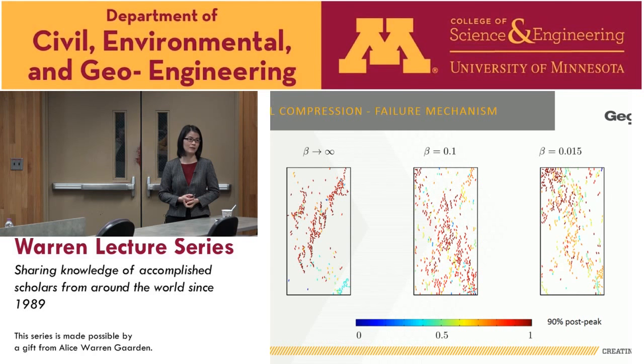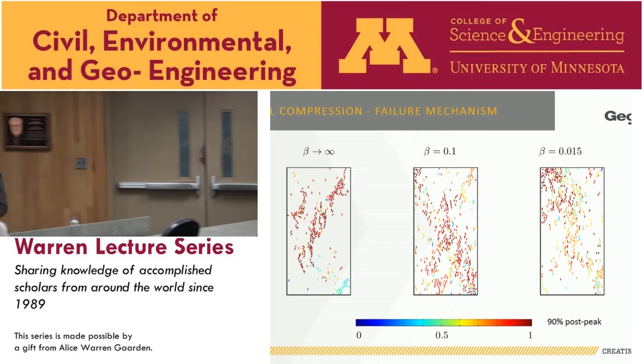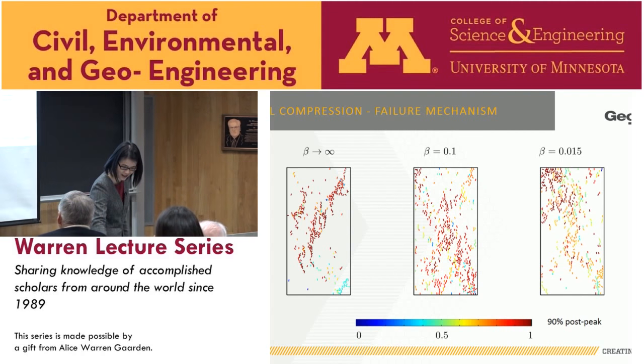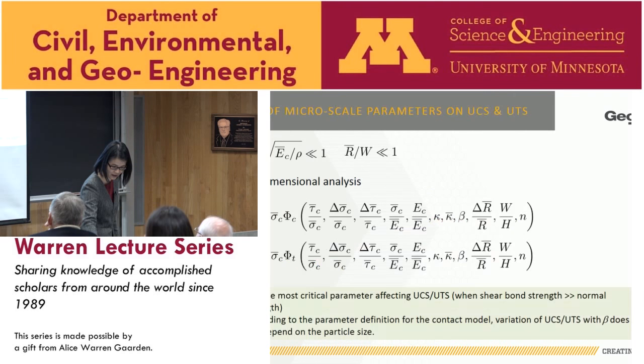Yeah, that's where I want to go back to that. It's not obvious to me that as you are decreasing beta, you're increasing the macroscopic compressive strength, but it's not obvious to me that the number of cracks is increasing. That's a plot, but I have the number written here.